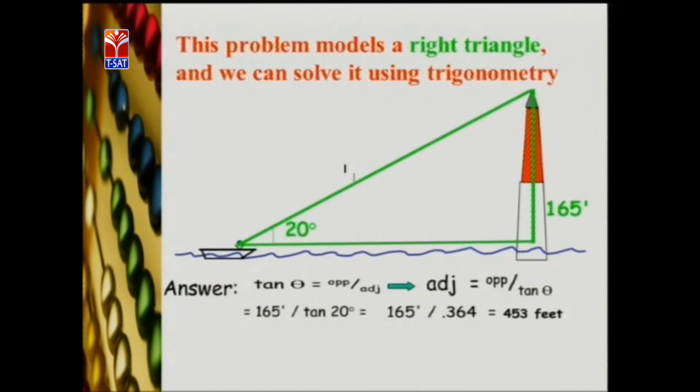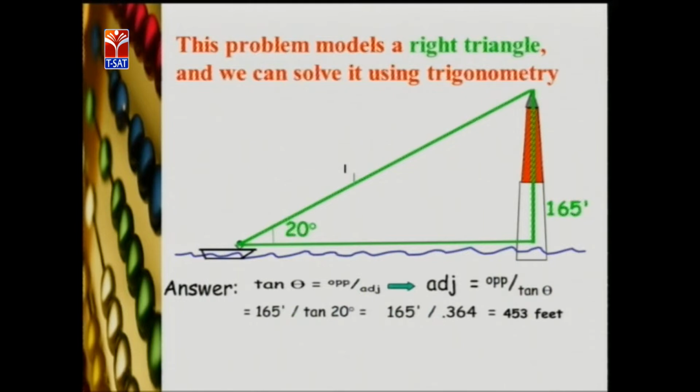They have given us the opposite side and the angle. So we use this angle, tan 20 degrees, and the height of the lighthouse, that is 165 feet. By using these trigonometric functions, we can find the distance between the man sat in the boat and the lighthouse. So the distance is 453 feet.